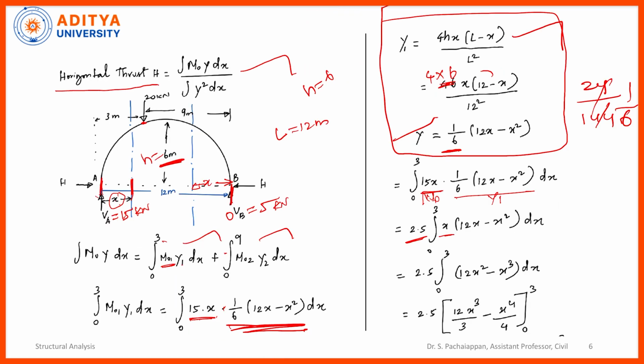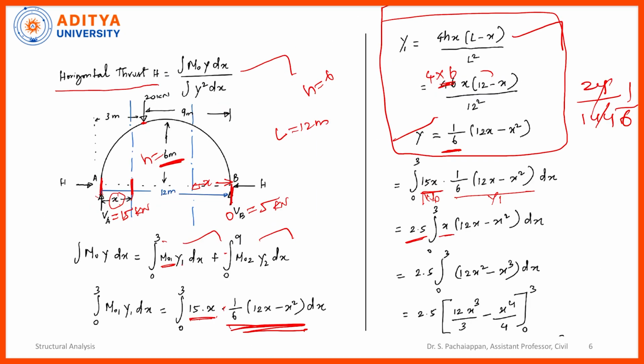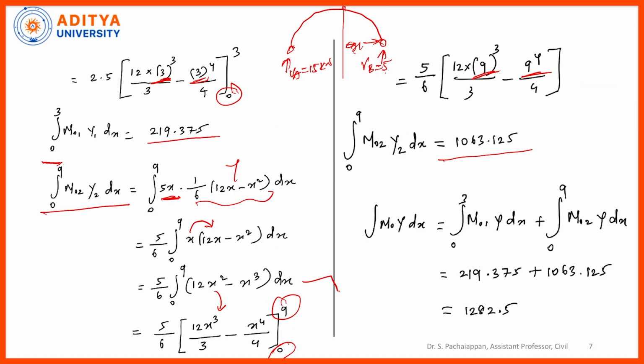Now we have already calculated the first part's numerical value. In the first part, we got 219.375. The second part is 1063.125.